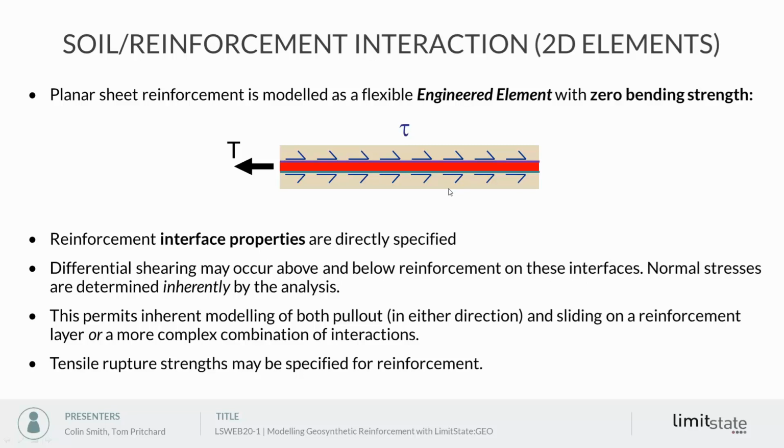And so it's able to capture a whole range of phenomena, pull out, sliding on the reinforcement, by the same model essentially. Because it can seek out the critical mechanism, it can seek out also the critical interaction with the reinforcement without having to predefine where areas are pulling out or sliding.